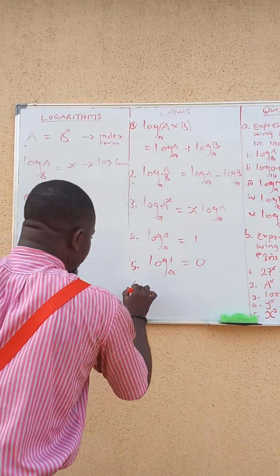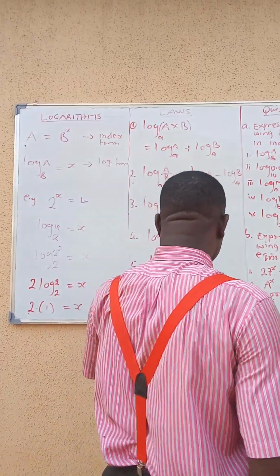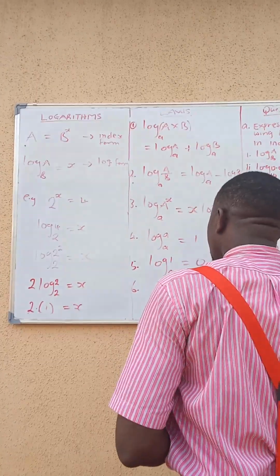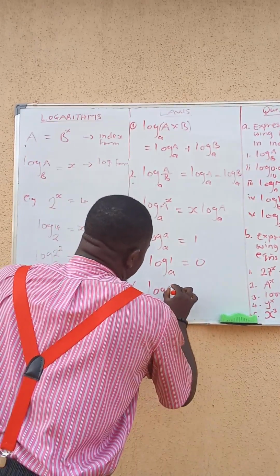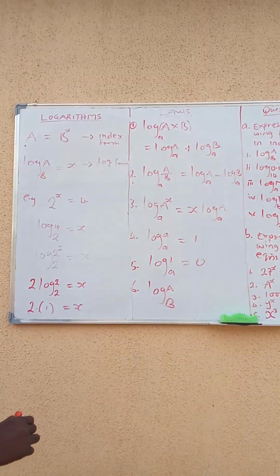So number 6. Remember that log A to base A is equal to 1. Now what if we have log A to base B?